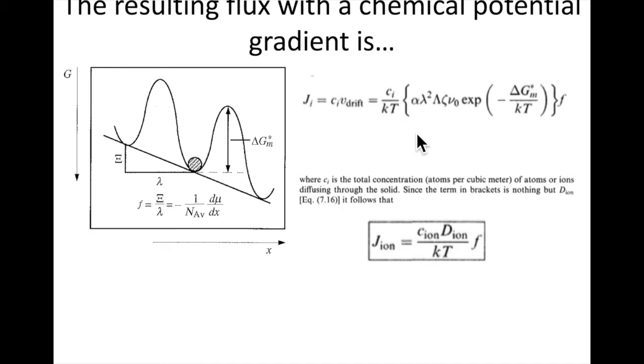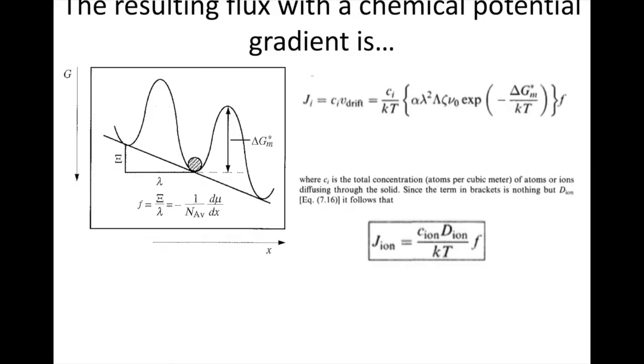Everything that you see inside these brackets up here is the diffusivity of an ion. We've gone over that before, and so we can simplify that expression down here. Now everything inside that bracket is just the diffusivity, so the concentration of the ion times the diffusivity over kT multiplied by F is going to be the flux of the ion.